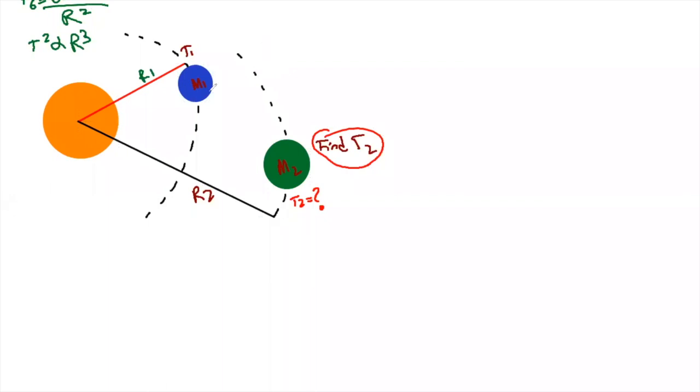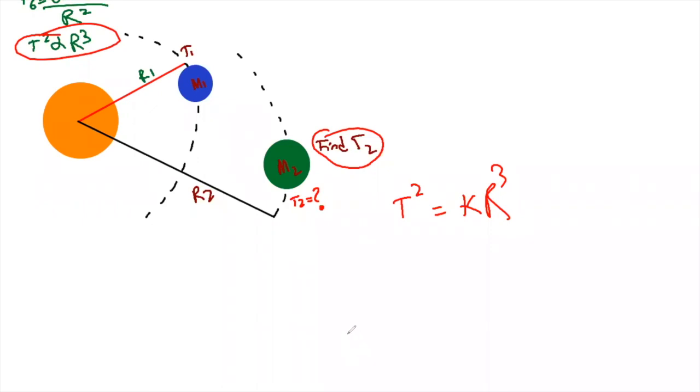All right, now tell me one thing. I have R1, I have R2, and I have T1. I also gave you the masses, but come on, we have Kepler's law. I don't even need the masses. So I can write this formula as T squared is equal to K R cubed.